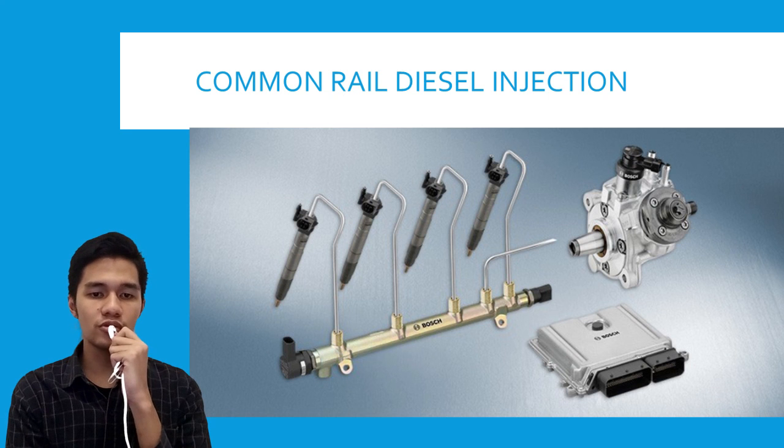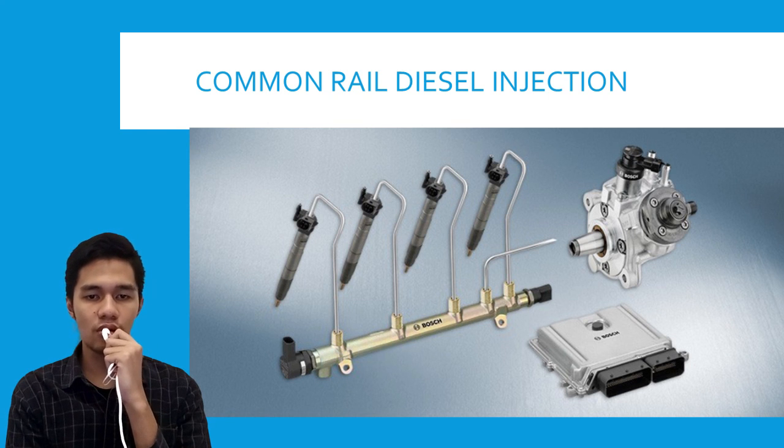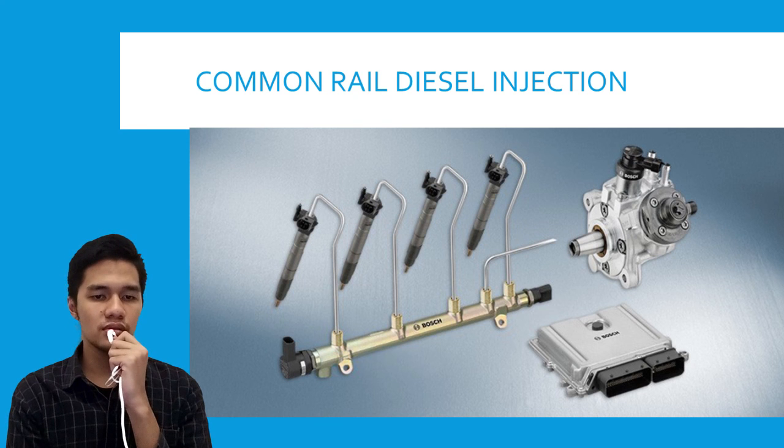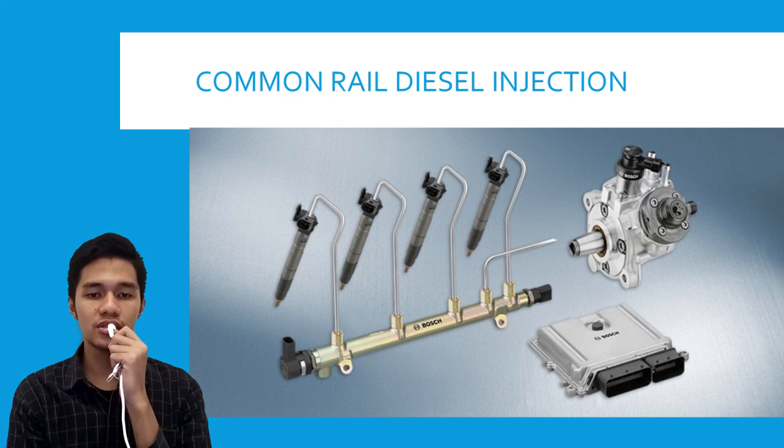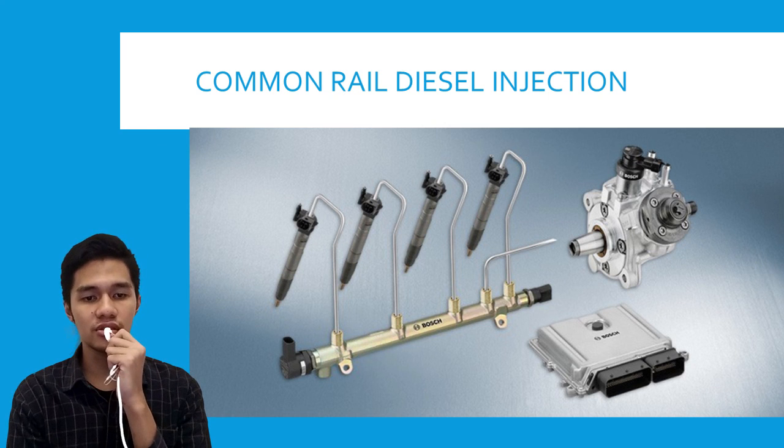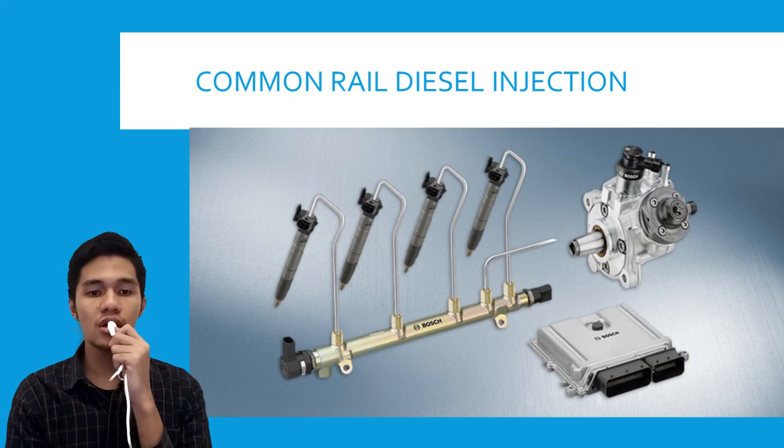The pressure is about 2000 bar, or 29,000 psi, and the fuel is distributed to the injectors from a high pressure accumulator called the rail. The rail is fed by a high pressure fuel pump, and the pressure in the rail, as well as the start and end of injection in each cylinder, is electronically controlled.